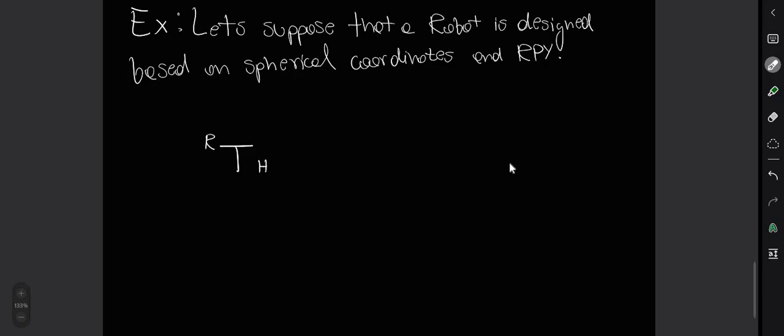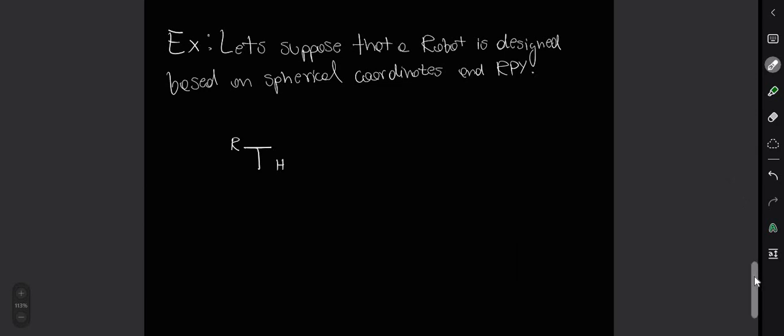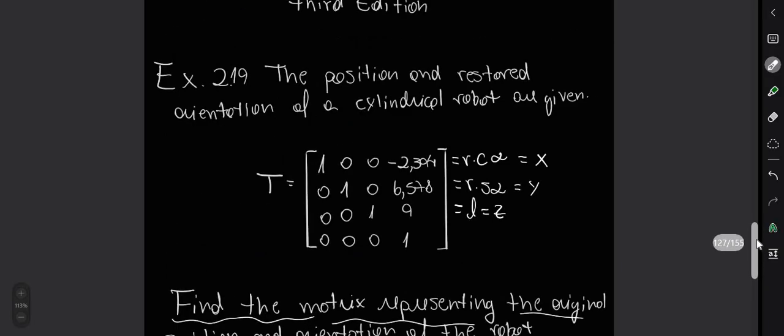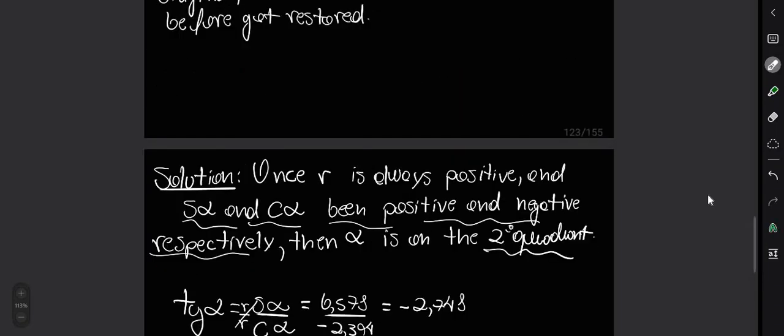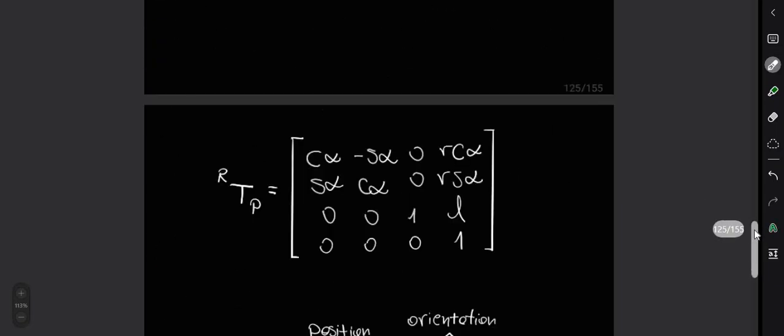The RPY matrix is a matrix that we multiply, for example, to restore or change the position and orientation of a robot.